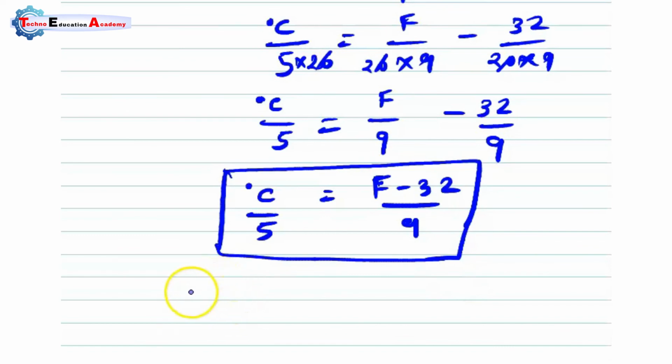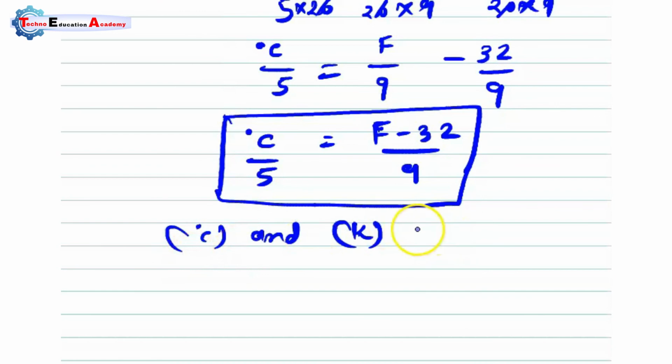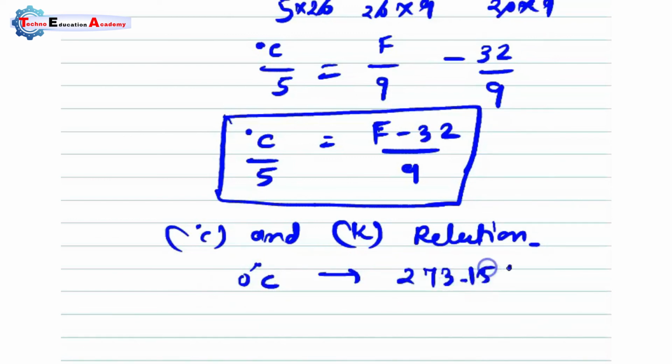Now we can also make the relationship between centigrade and Kelvin from our scale. 0 degree Celsius is 273.15 Kelvin, and 100 degrees is 373.15 Kelvin.